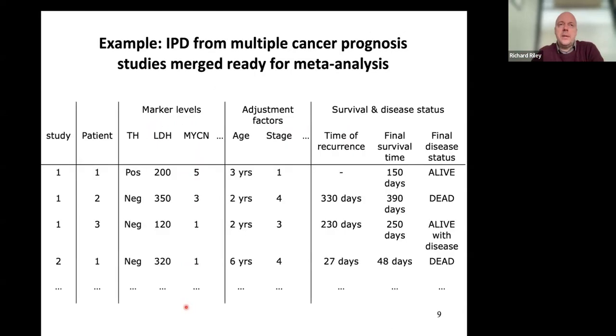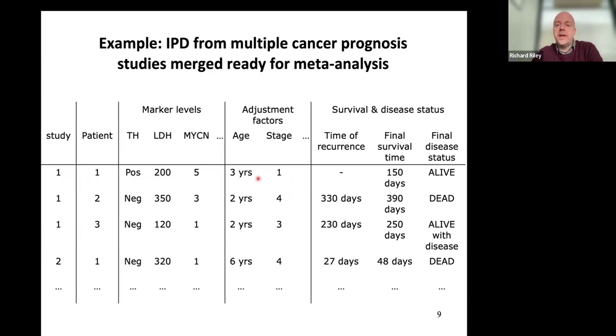If you were to think about IPD from a cohort study, maybe let's just focus on cancer prognosis studies, this is the sort of thing you would see. Again, you'd have a row for every individual in the data set with a study identification number, and you would have biomarker levels for that individual.